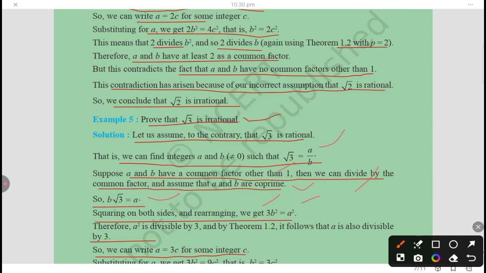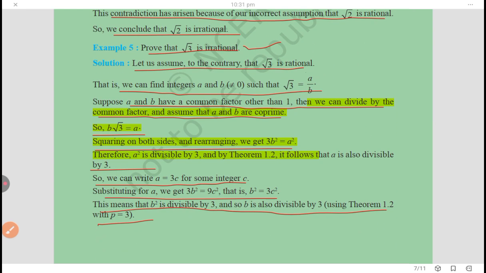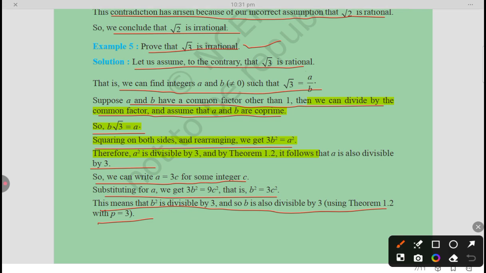Here a square is divisible by 3, and by theorem 1.2 it also states that a is divisible by 3. So you can write a equal to 3c, where c is an integer. Substituting a equal to 3c in this formula, 3b square equal to a square, in place of a you write 3c, then you will get 9c square.